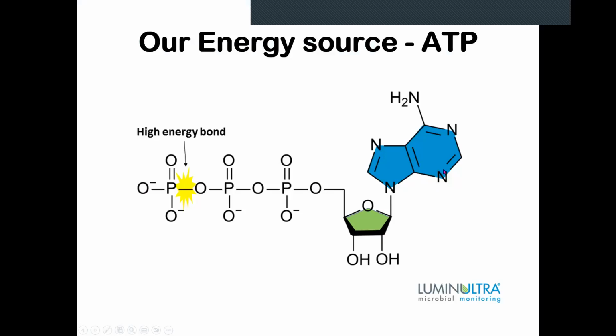So here's the diagram, and this is quite important. You've got the adenine or the adenosine here. So it's a nitrogen-based molecule. There's the sugar, and there are the 3 phosphates. And it's important to notice they've got 3 negative symbols there, and this yellow splotch indicates the high energy bond.